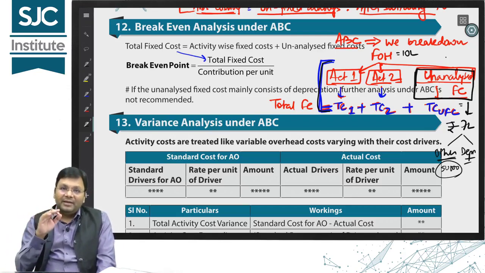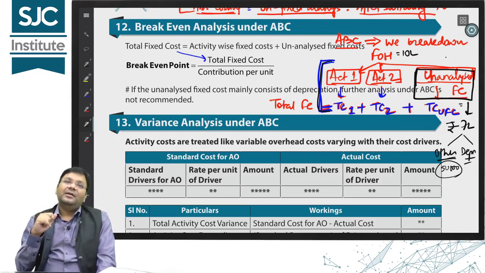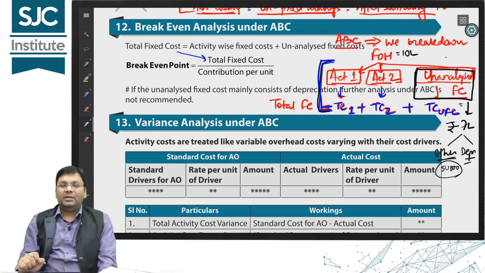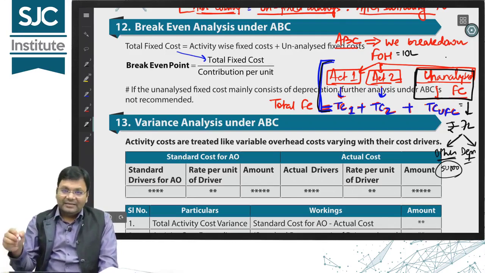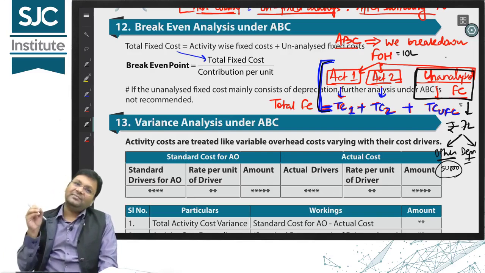But remember my friends, you need to also understand that there is a cost behind activity based costing implementation. So if you are doing this breakup analysis, there is a cost behind this analysis also. If you are doing something, that something will require some experts, some team will be devoted, some stationery will be used, some software will be used.